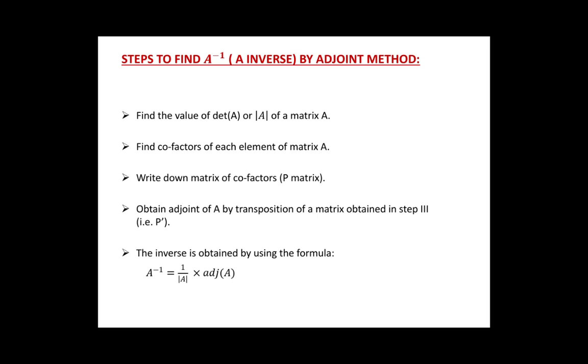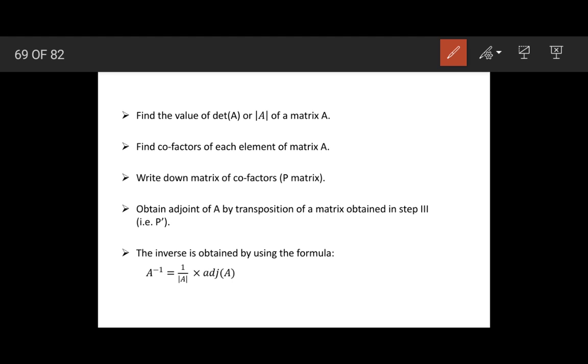let's see the steps of finding the A inverse or inverse of a matrix. To find the inverse of a matrix, we have to start with the determinant of matrix A. So first find the determinant of matrix A. Why do we need to find it?